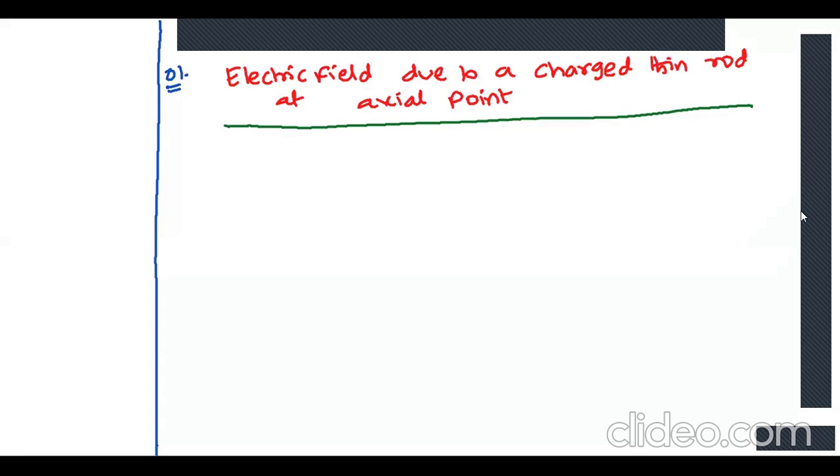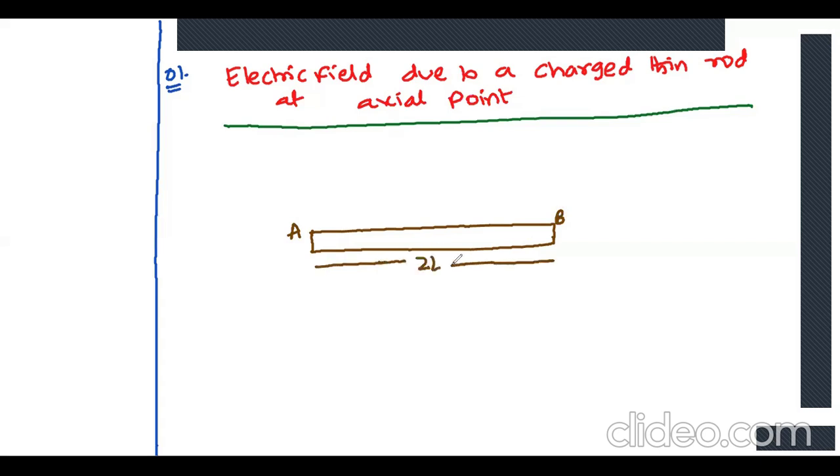Now, let us consider a charged thin rod. I'm having a thin rod AB having a length as 2L. We can also consider L. For mathematical simplification here, I consider 2L.